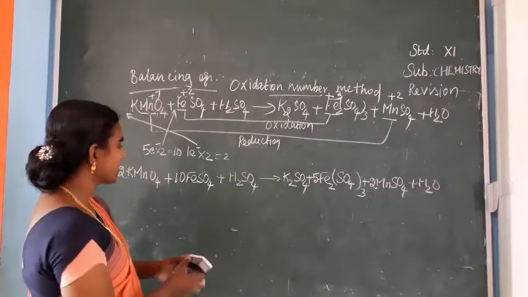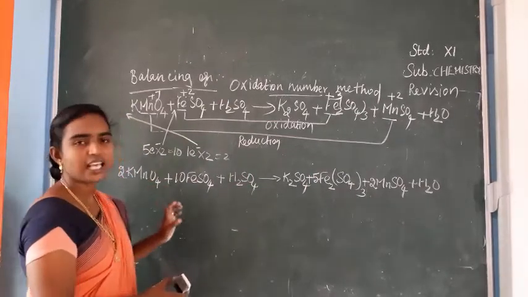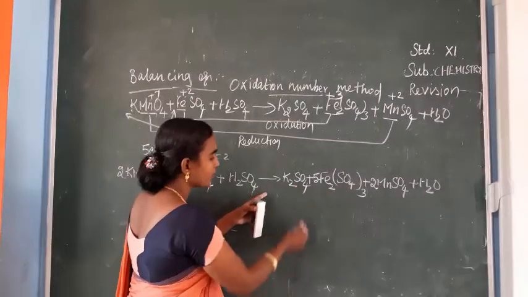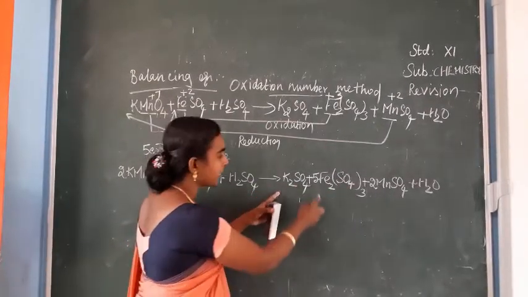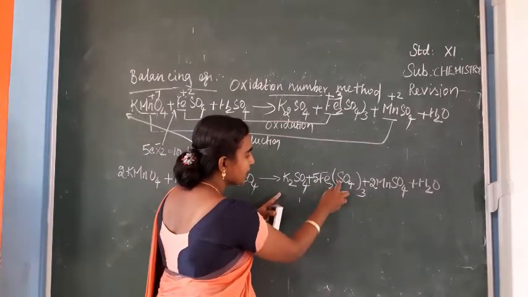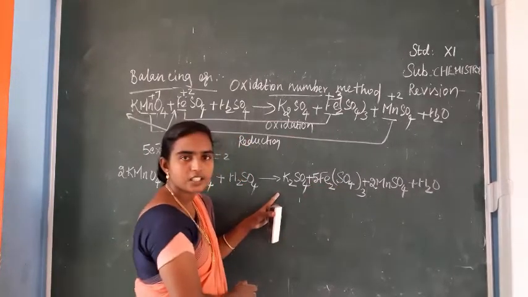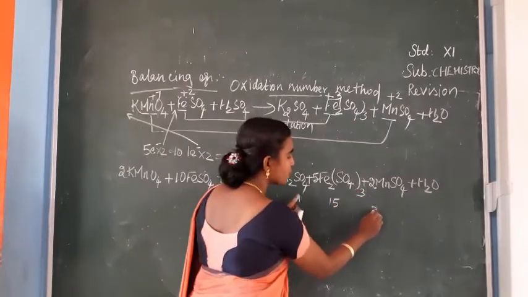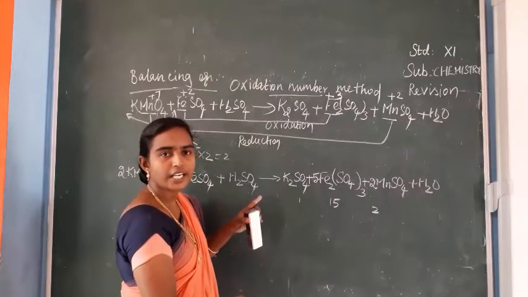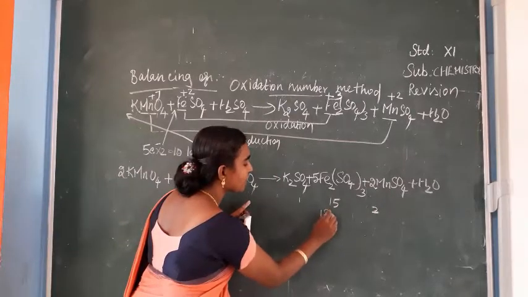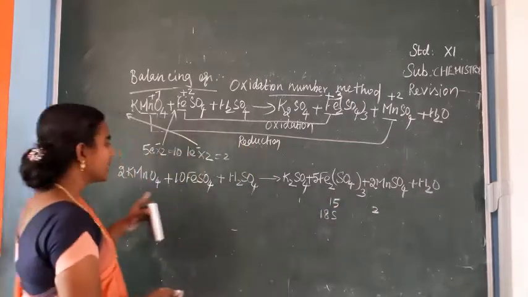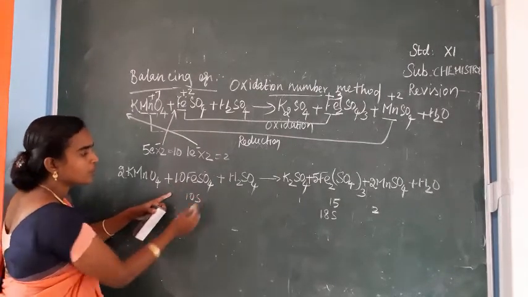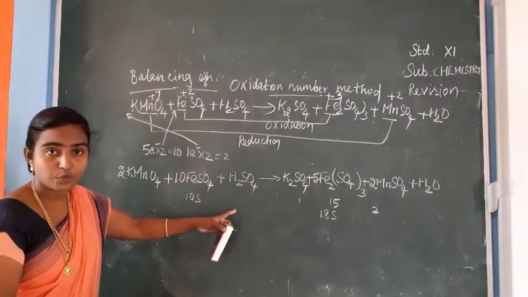Next we have to balance the sulfur atoms, isn't it? First we see the right hand side. Here 1 sulfur, here 3 into 5, that is 15, and here 2 ... totally how many sulfur atoms are there? 18 sulfur atoms on the product side. On the reactant side, here 10 sulfur, so 8 more sulfur atoms should be there.